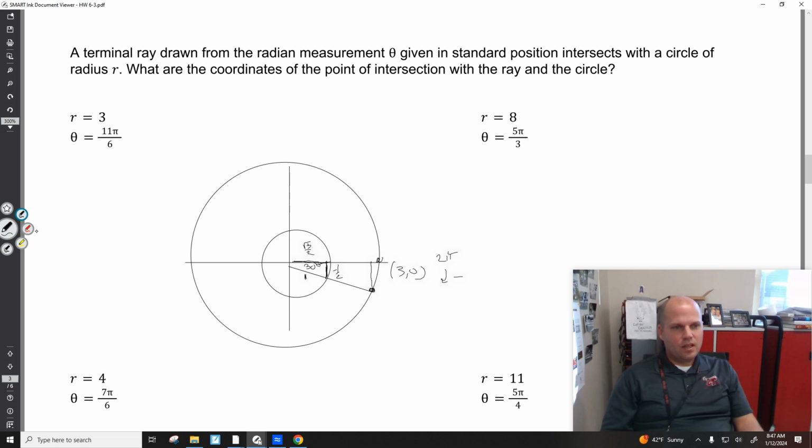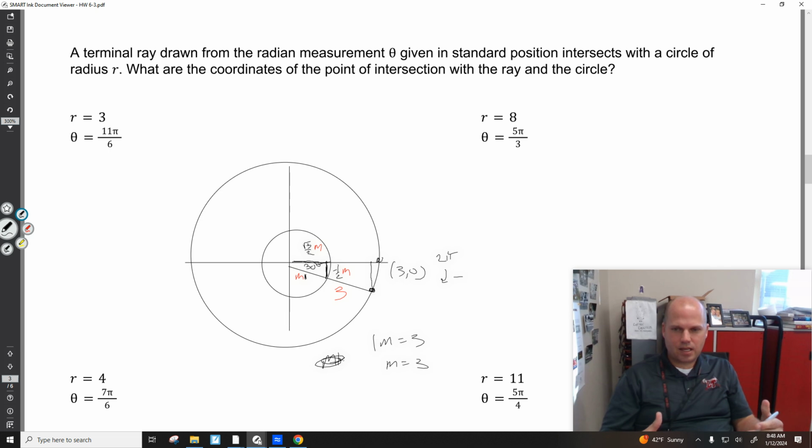Well, if your radius is 3, if this side length is 3, you could take the lengths of your 30, 60, 90 triangle with a radius of 1 and multiply them all by 3. So your multiplier has to be 3. It's like m times 1 equals 3. If m times 1 equals 3, your multiplier is 3.